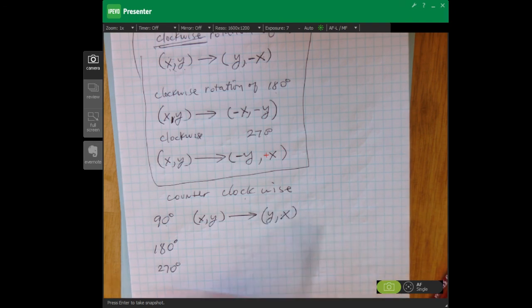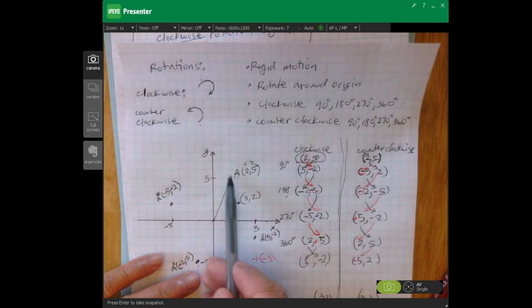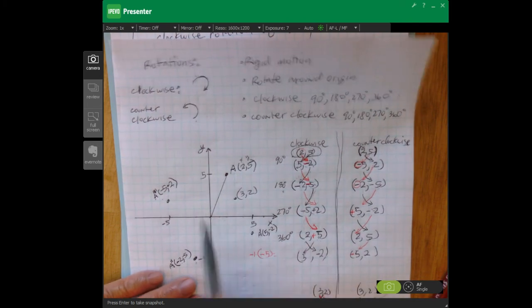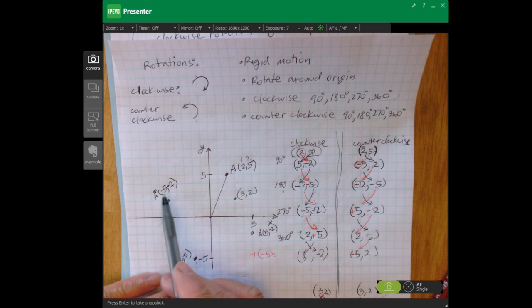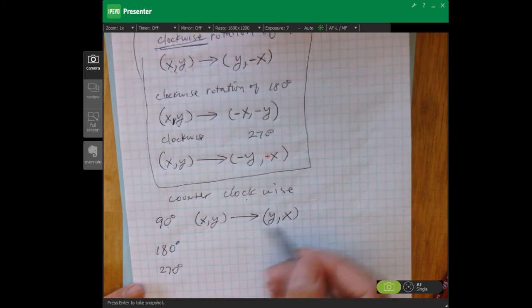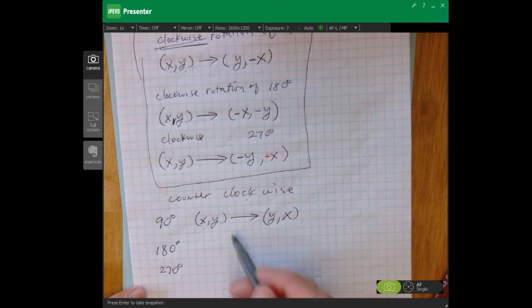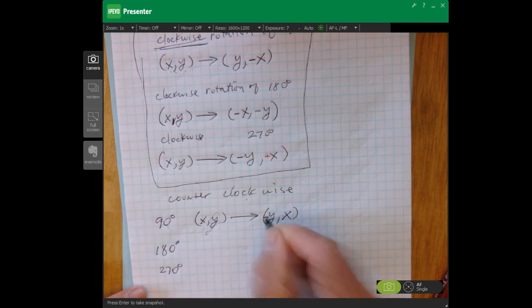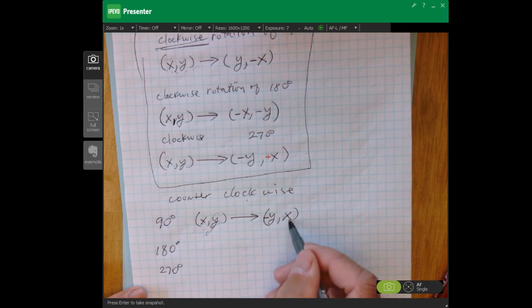But what will change, remember on counterclockwise, it was going this way. Okay, so it went from 2, 5 to negative 5, 2. So this time the one that changed was this. So we went this way, and it'll be negative y, x.